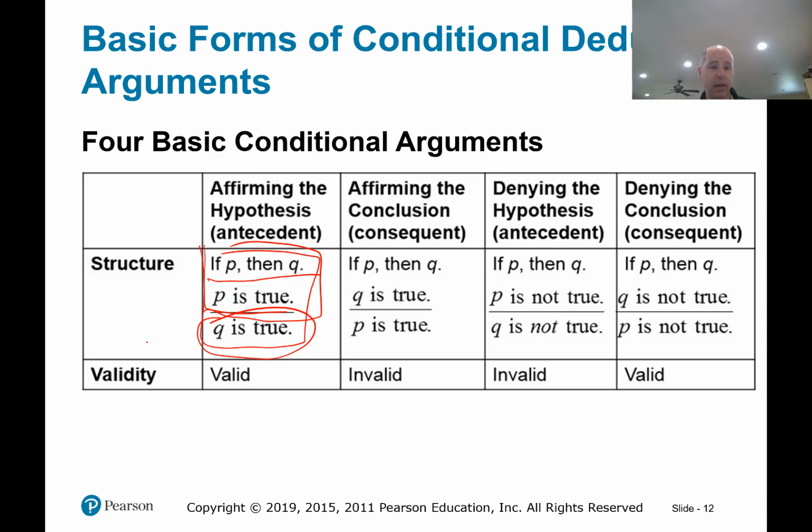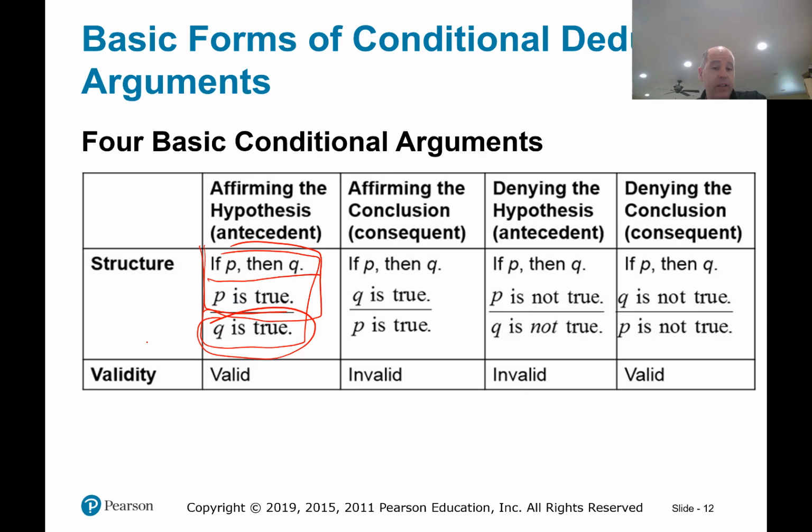Okay, so that's affirming the antecedent. Now, what about the second one? The second one is affirming the conclusion. So this is like having an implication and then looking at the converse, right? Remember, just because an implication goes one direction doesn't mean that it's necessarily true going the other direction.